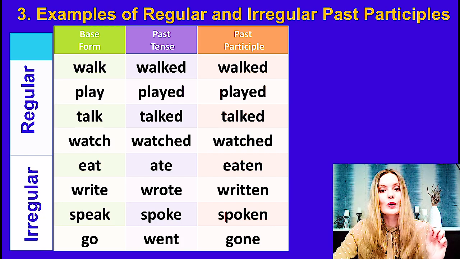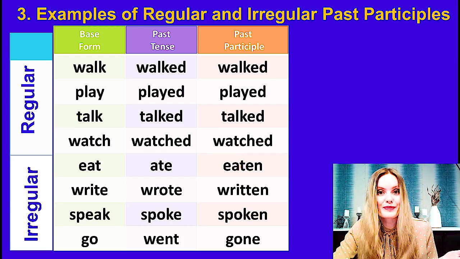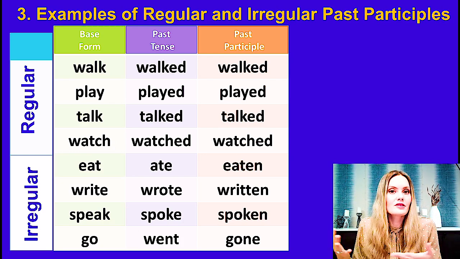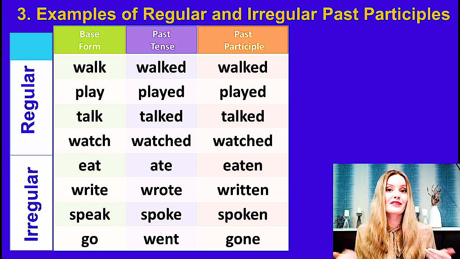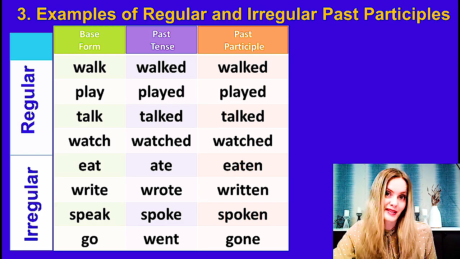Speak, spoke, spoken. Spoken is a different form that must be memorized. Go, went, gone. Gone is a different form that must be memorized. So these are some of the examples of regular and irregular past participles.